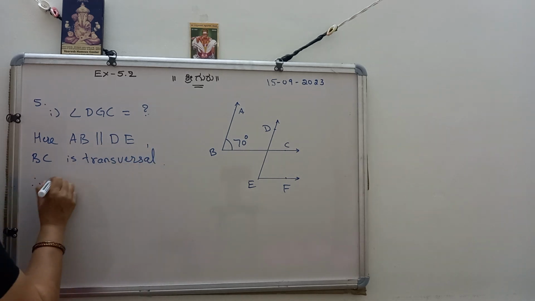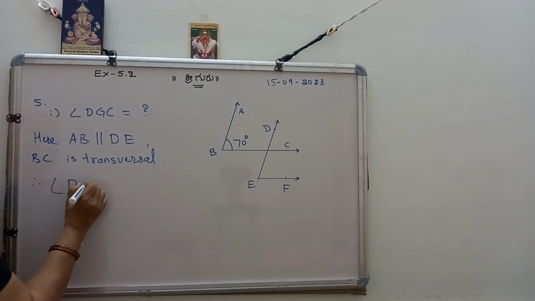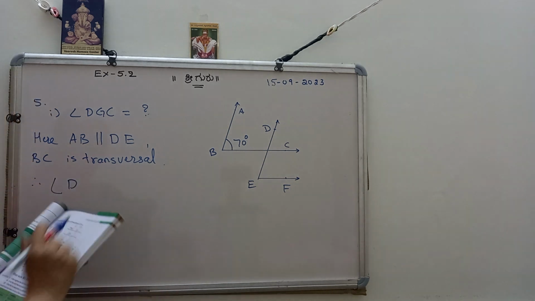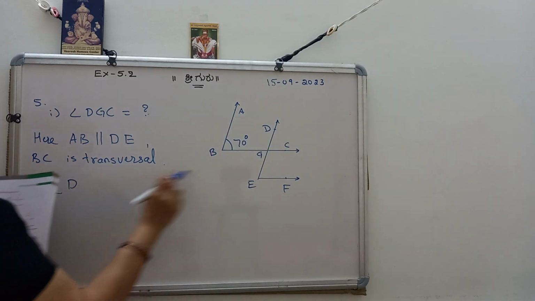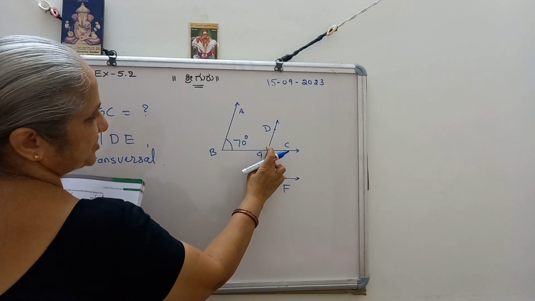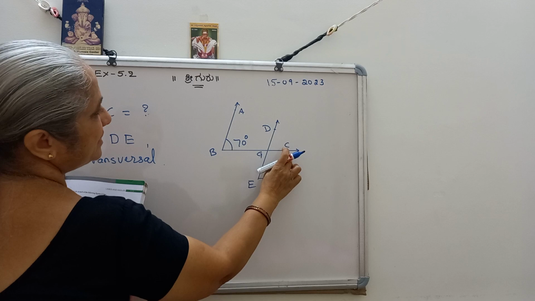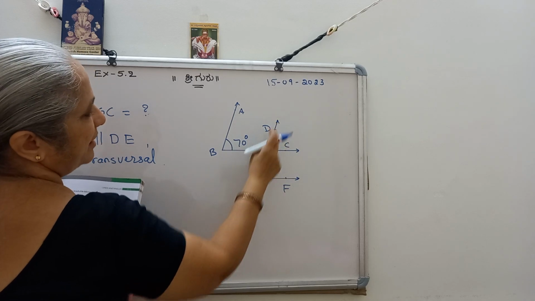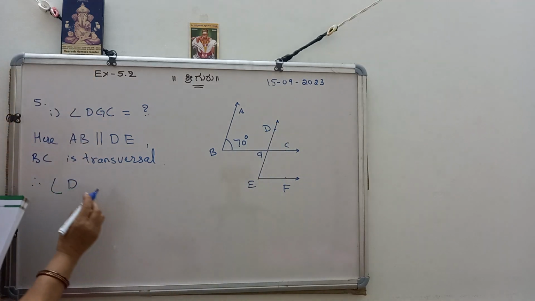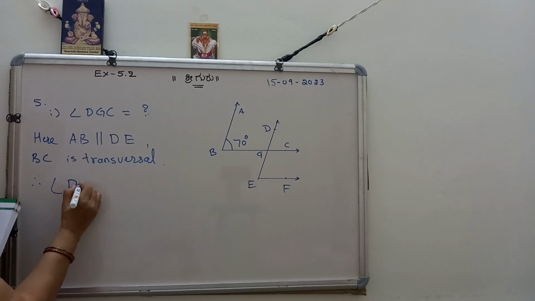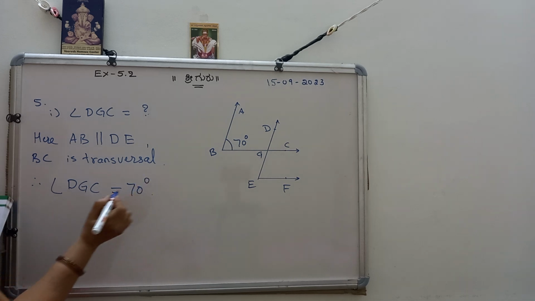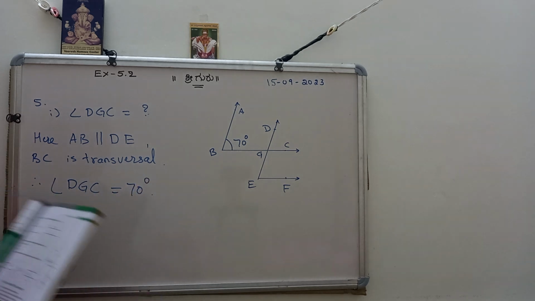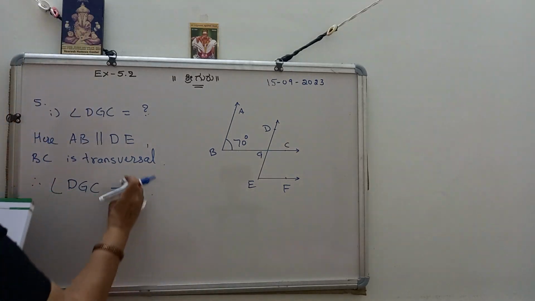Therefore, angle DGC, this vertex is G. This is not the vertex, this is the point of intersection where the arm BC cuts the arm DE. DGC is equal to 70 degrees. First we have to write properly.